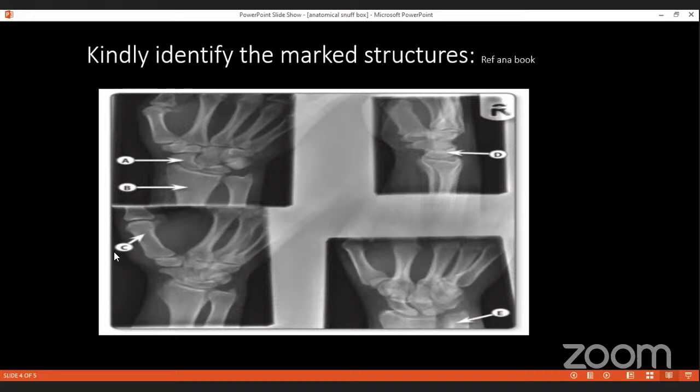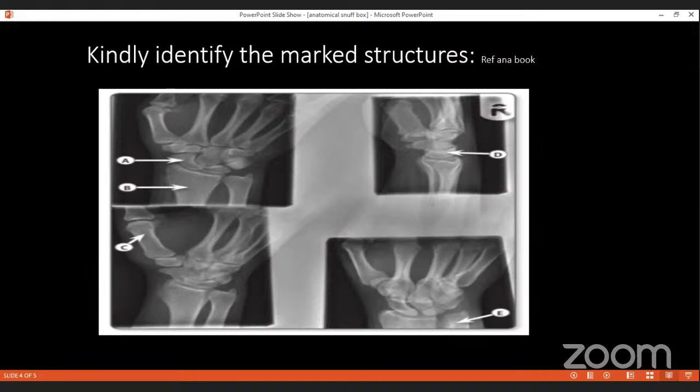This is the head of the first metacarpal. Can you identify D in the picture right upper corner? I think this is scaphoid. Can you identify E, please? That is the distal part of the ulna.